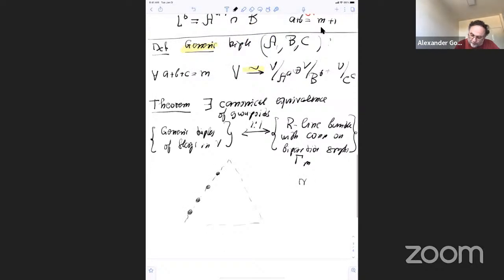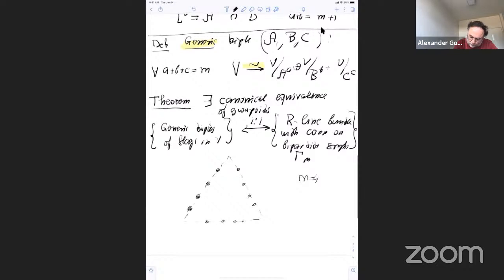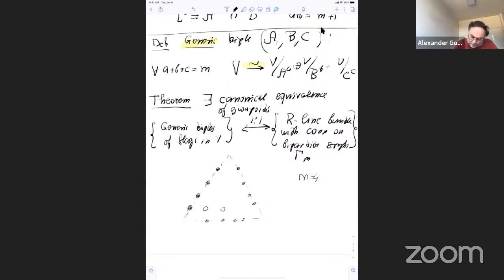So this is the case when m equals 4. So you put m points, 4 points here, and then you start drawing white points this kind of way.